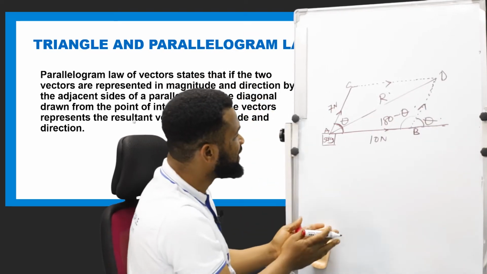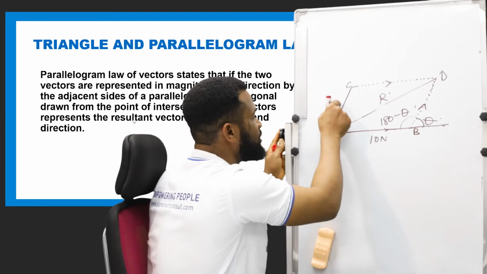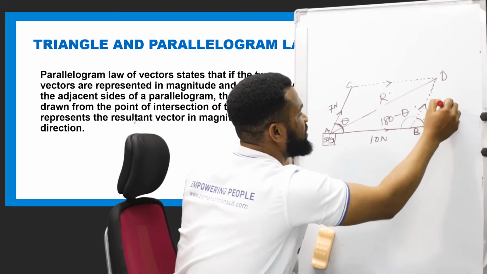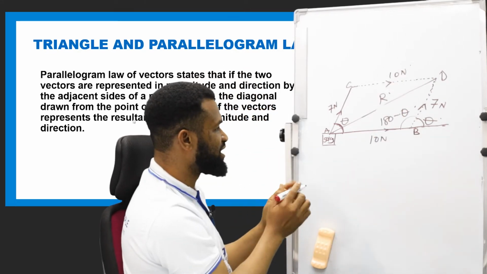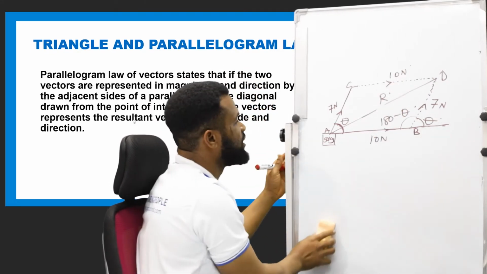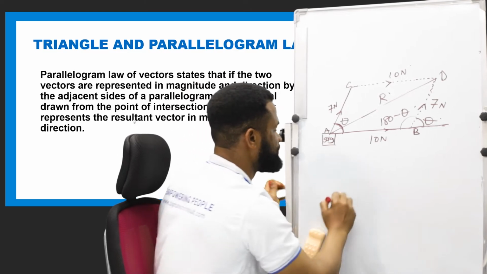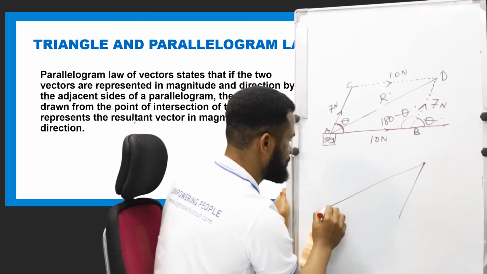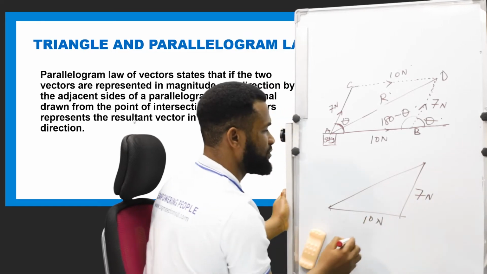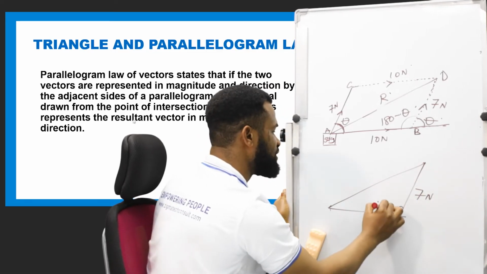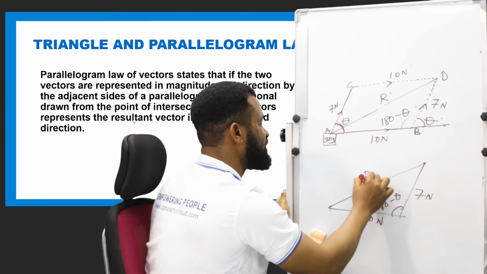And this, if I return this, 7 is going to be here also. This is 7 Newton. From here to here is 10 Newton. So if I want to break this down, I'm going to have 7 Newton, 10 Newton, and this angle is 180 minus theta, and this is the resultant.